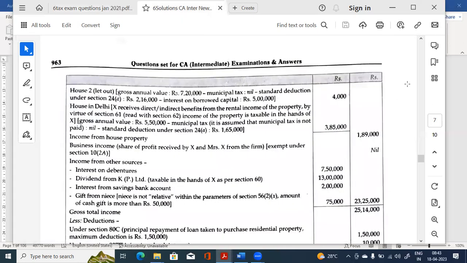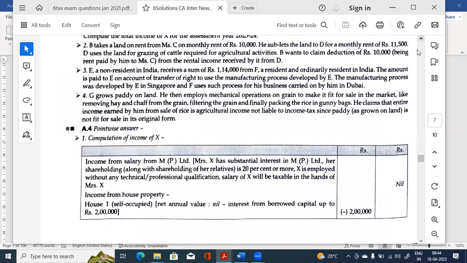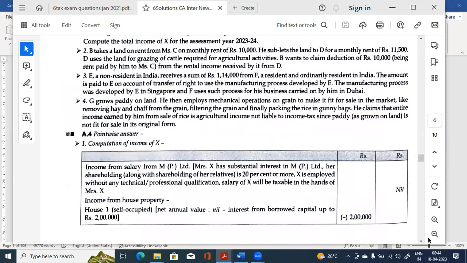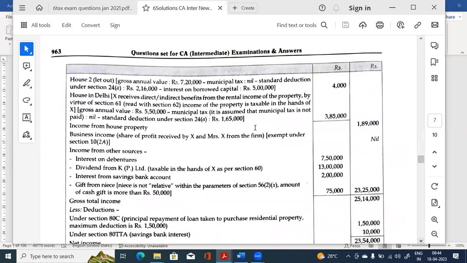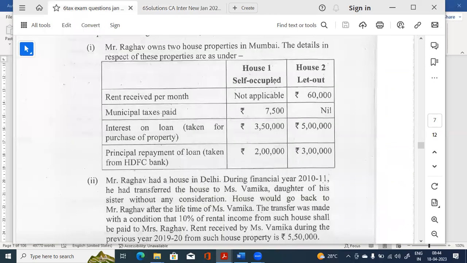Now let's go back. This 2 lakhs is available for the self-occupied part. Now, the gross annual value of the property is shown as 7,80,000, minus municipal tax, minus standard deduction. So here, again, I'm going back to the problem: 60,000 per month for 12 months, 7,20,000.